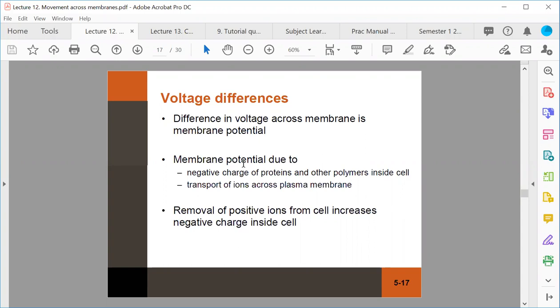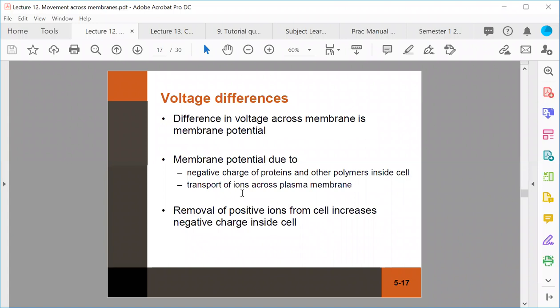So what sets up that membrane potential? The membrane potential is due to, firstly, the negative charge that we find on many proteins. Not all proteins, but many proteins carry an overall net charge. There are other polymers inside the cell that carry negative charges, but also the selective transport of ions across the plasma membrane.